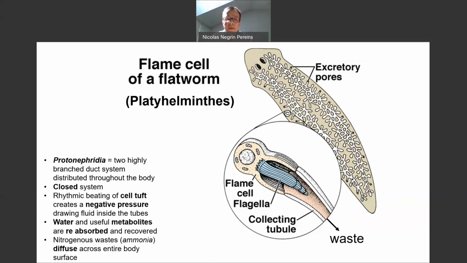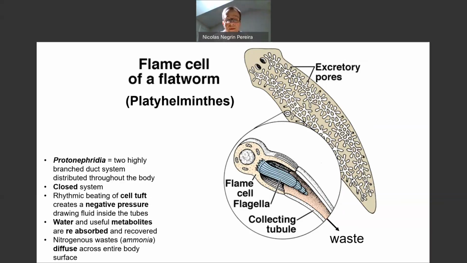That will create a negative pressure inside the tubule and draw fluid inside the cells. Then the fluid will travel through a collecting tubule where water and useful metabolites are reabsorbed and recovered back to the body.